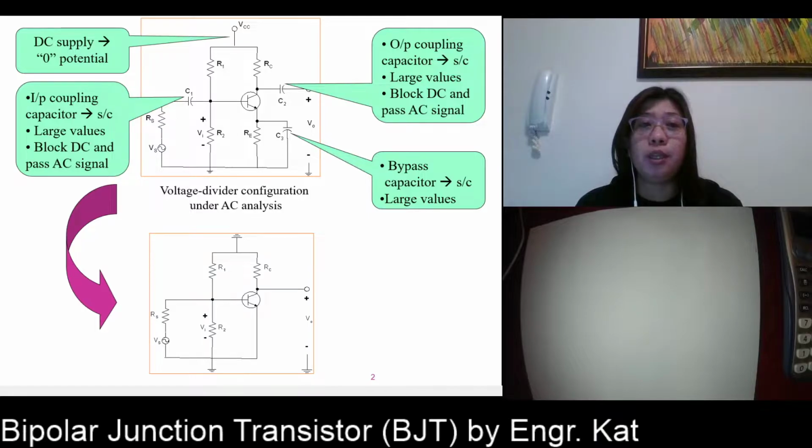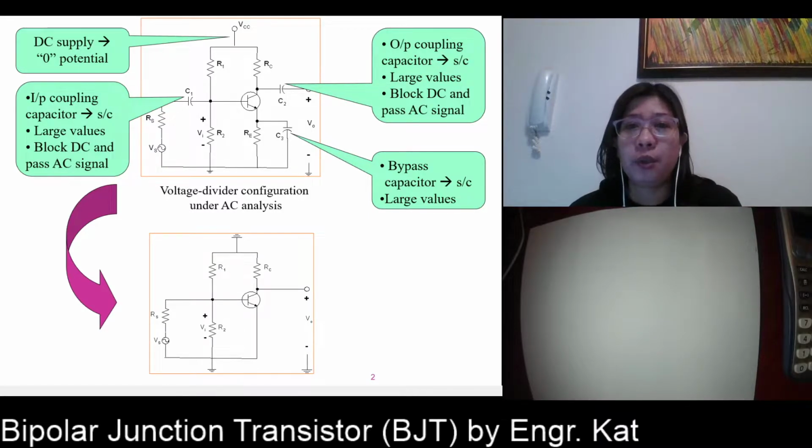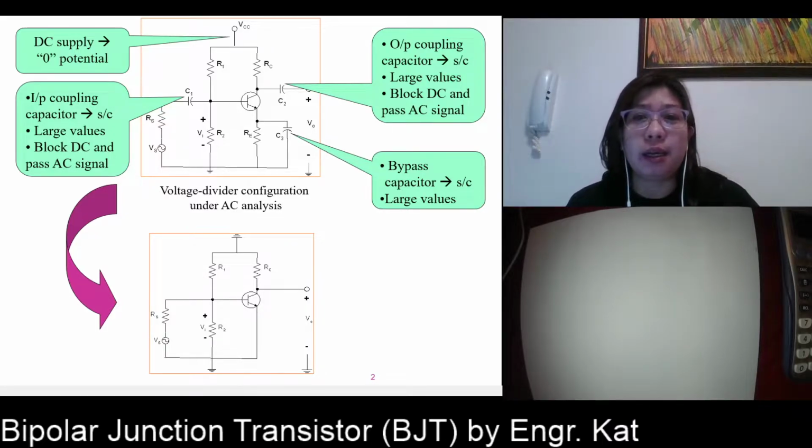Since we are only interested in the AC source, that is your VS here. This is our AC source, so we have to turn off our VCC here, which happens to be a DC source.